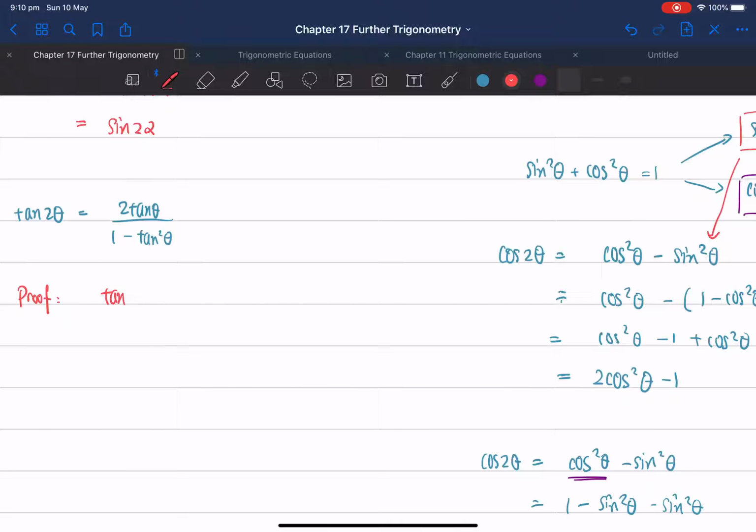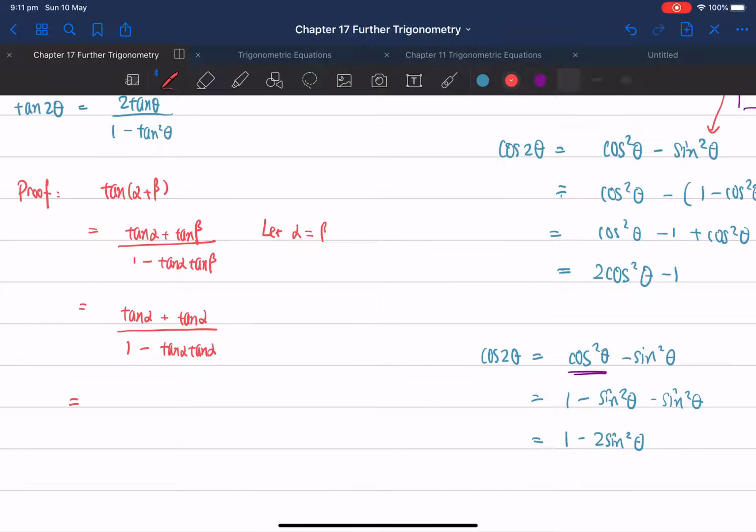We know that tangent of alpha plus beta is equal to tangent alpha plus tangent beta, divided by 1 minus tangent alpha tangent beta. So if we let alpha equal beta here, we get tangent alpha plus tangent alpha over 1 minus tangent alpha times tangent alpha.